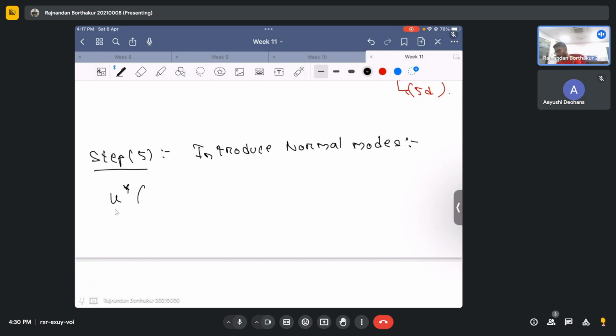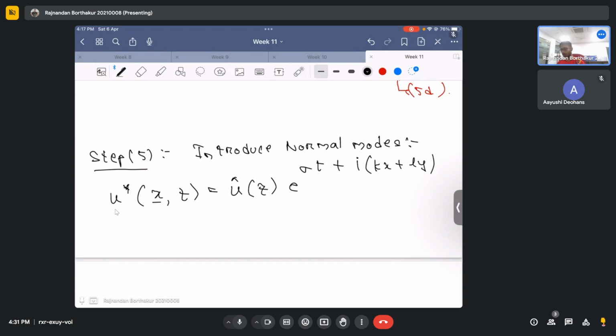This u star is a function of the position vector x, which can be written as x, y, and z, and time, of course. So we write this variable as u hat of z times e power sigma t plus i(kx plus ly).